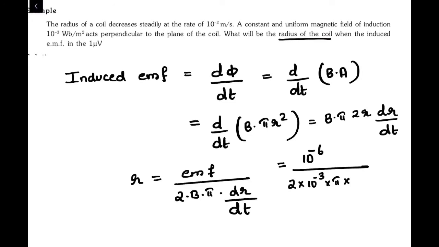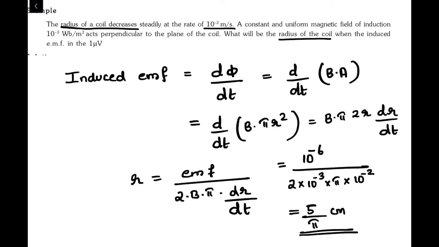What is the value of dr by dt? They have given that the radius of the coil decreases steadily at the rate of 10 raised to minus 2 meter per second. So dr by dt is 10 raised to minus 2. Substituting all these values, you get 5 by pi centimeter. So this is the correct answer, 5 by pi centimeter.